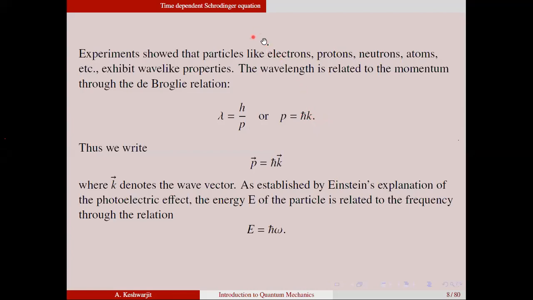Okay. So from this relation, lambda equal to h by p, we can see that p is equal to h by lambda.